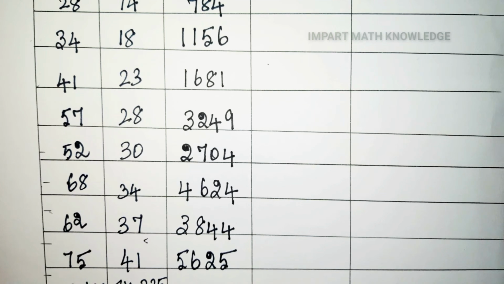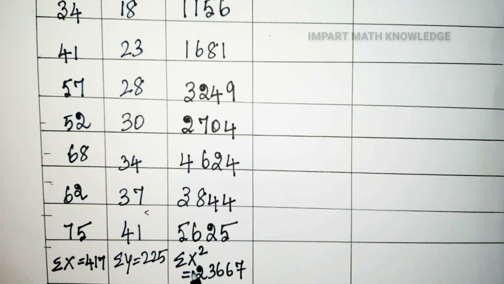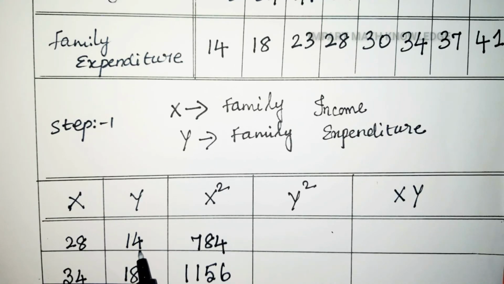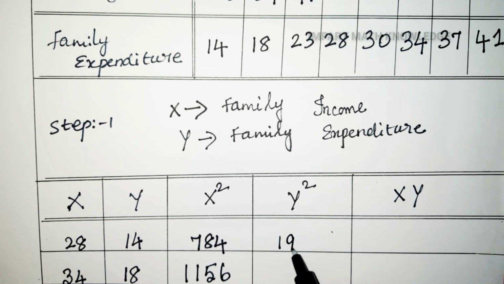After finding x square, you have to take the total. Sigma x square is equal to 23,667.